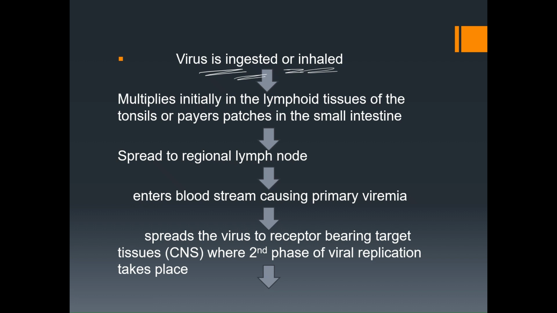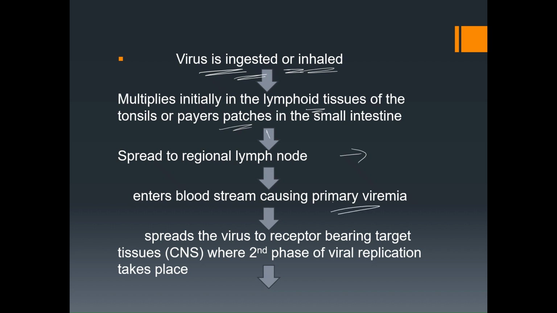If the virus is inhaled, it enters the lymphoid tissues of the tonsils. If it is ingested, it enters the Peyer's patches in the small intestine and multiplies there. From the lymphoid tissue, it spreads to the regional lymph nodes, causing primary viremia.